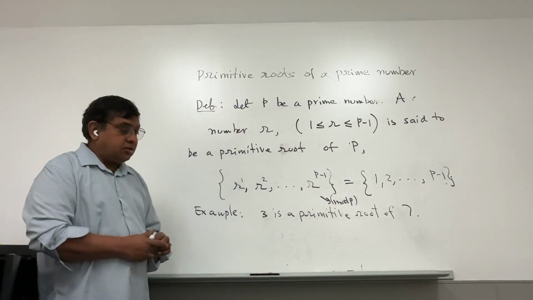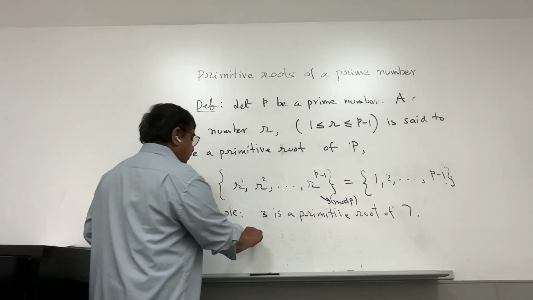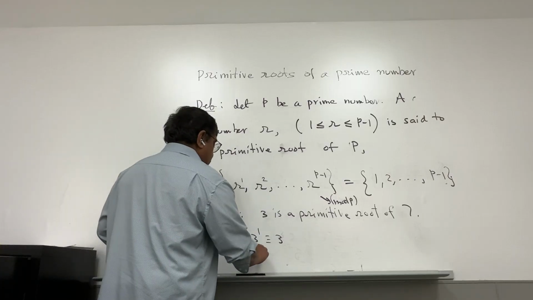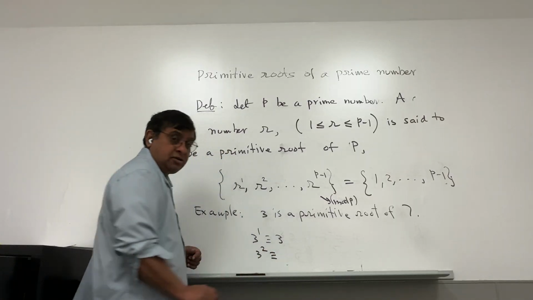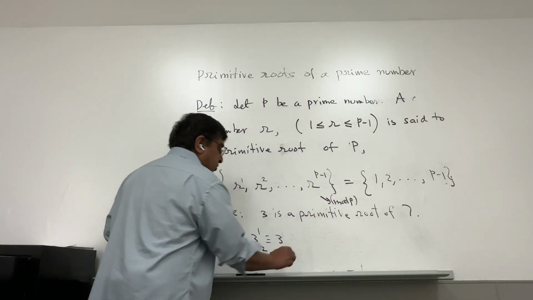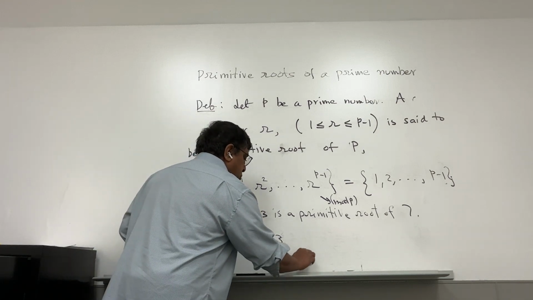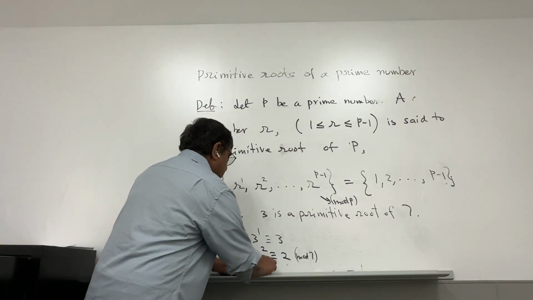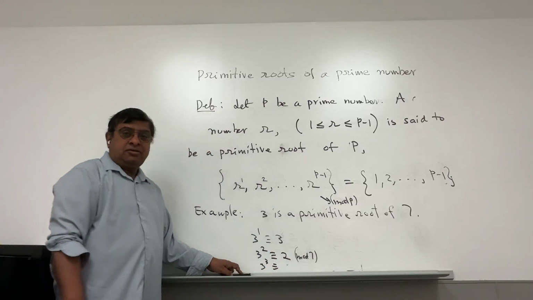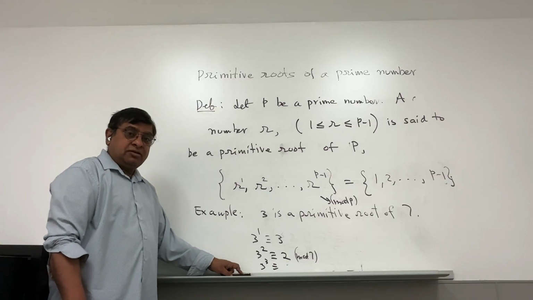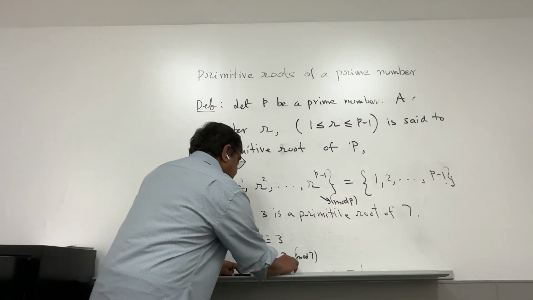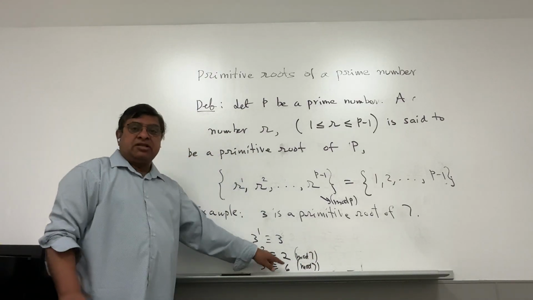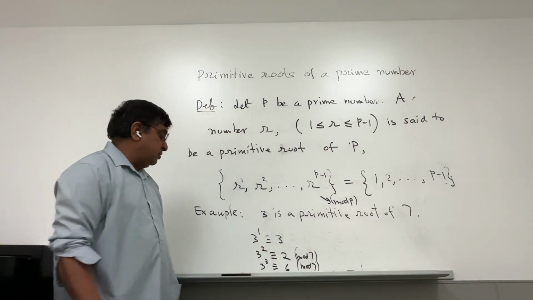Let's check that. 3 to the power of 1 is 3. 3 squared is 9, but 9 is congruent to 2 mod 7. 3 cubed is 27. 27 mod 7 is 6. 27 minus 6 is divisible by 7.